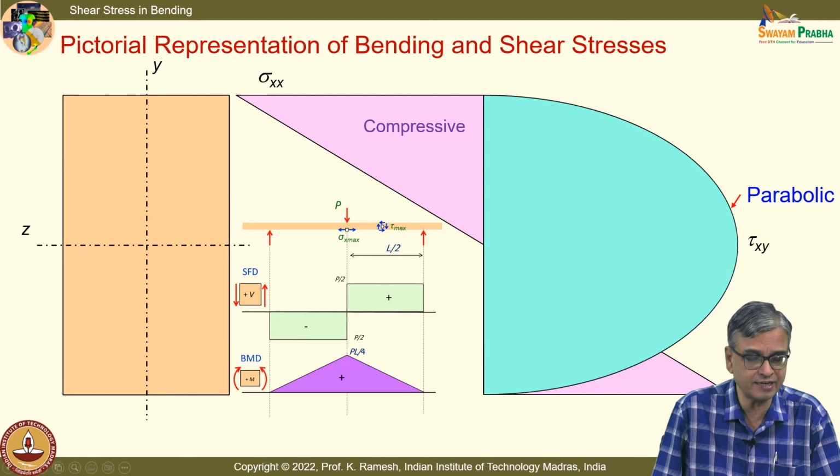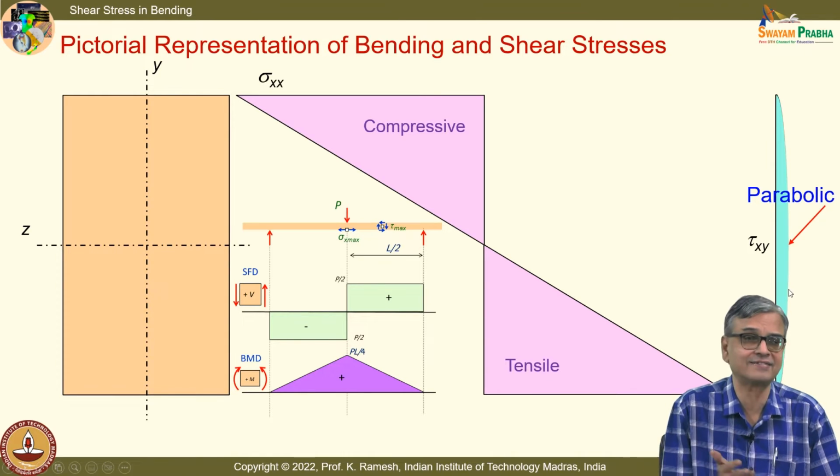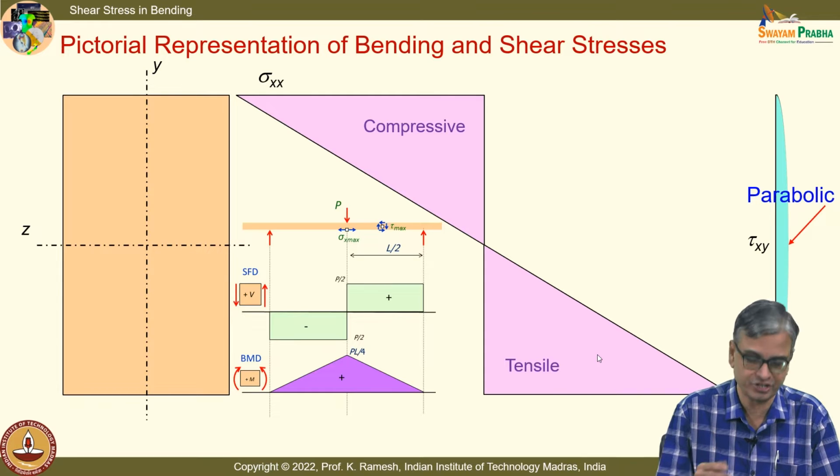Even if you consider a simple problem of a rectangular cross section subjected to 3-point bending like this, if you calculate the shear stress in actual magnitude and plot it, it is as small as this compared to the normal stress created by bending. That is the reason, even though shear is important in certain instances, we are neglecting it because its actual magnitudes are considerably small in many applications.